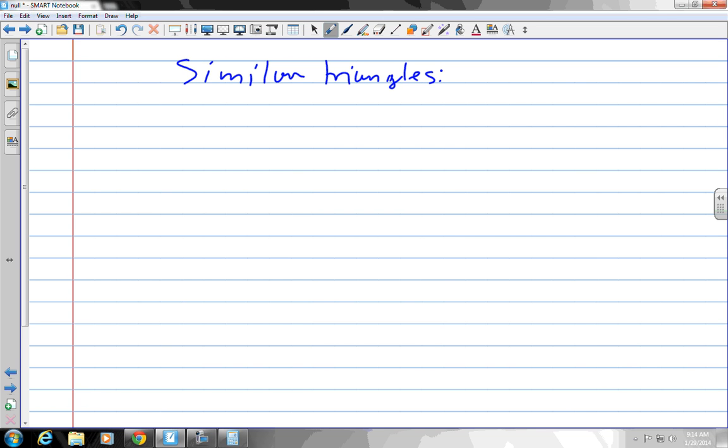That means all the ratios within the triangles are preserved, regardless of the size, as long as the shapes are the same. So one way to say that two triangles are similar is if all angles are the same.